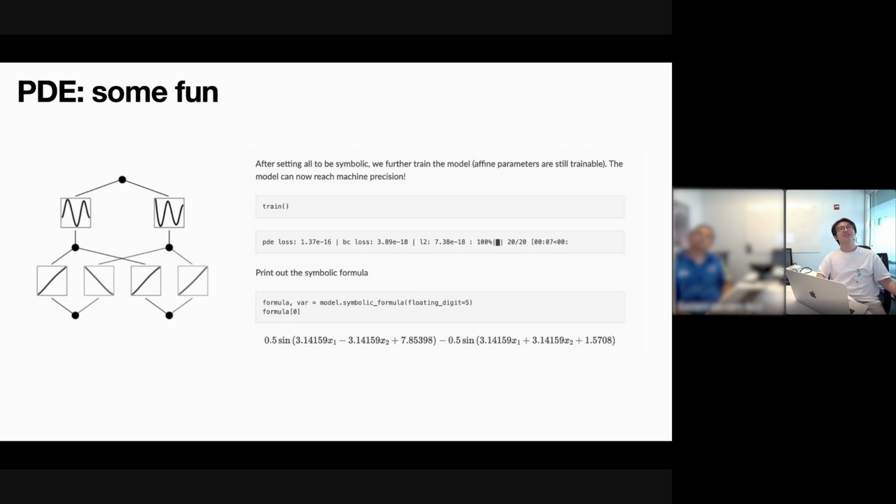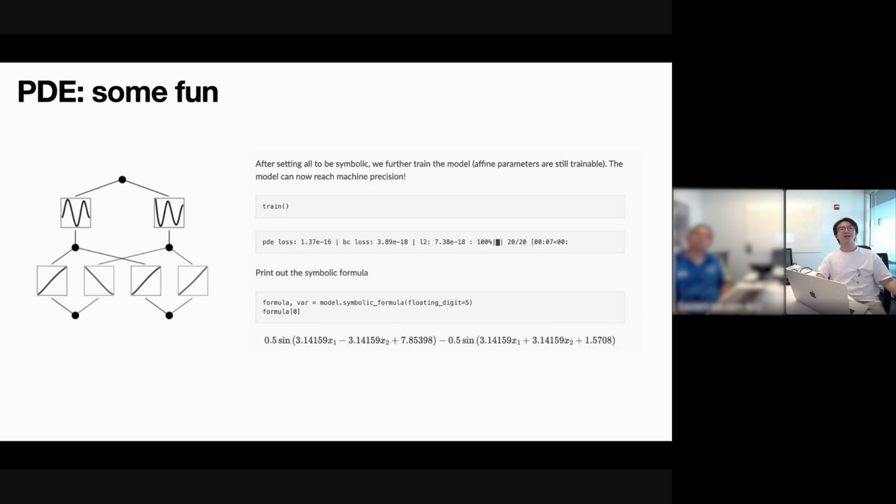One thing CANs can do for sure, but MLPs cannot do, is that after training on the PDE, we can plot the solution as this CAN diagram. If you look closely, you may observe that in the first layer the activation functions are all linear, and in the second layer they look like sines. So we can apply symbolic regression to these activation functions and obtain the whole formula.